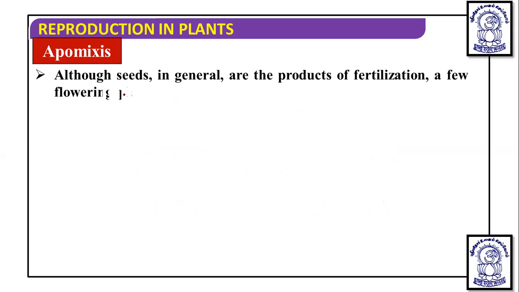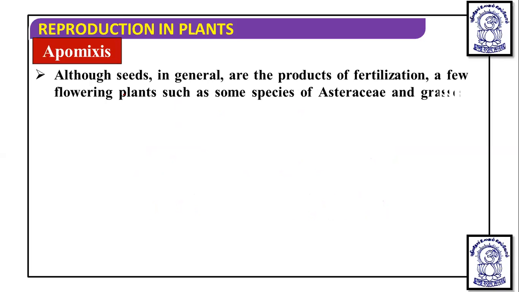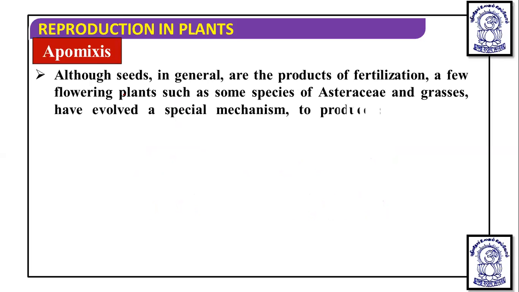Apomixis is the formation of seed without meiosis and without fertilization. If we define it, all seeds in general are a product of fertilization. A few flowering plants, such as some species of Asteraceae and grasses, have evolved a special mechanism to produce seed without fertilization.